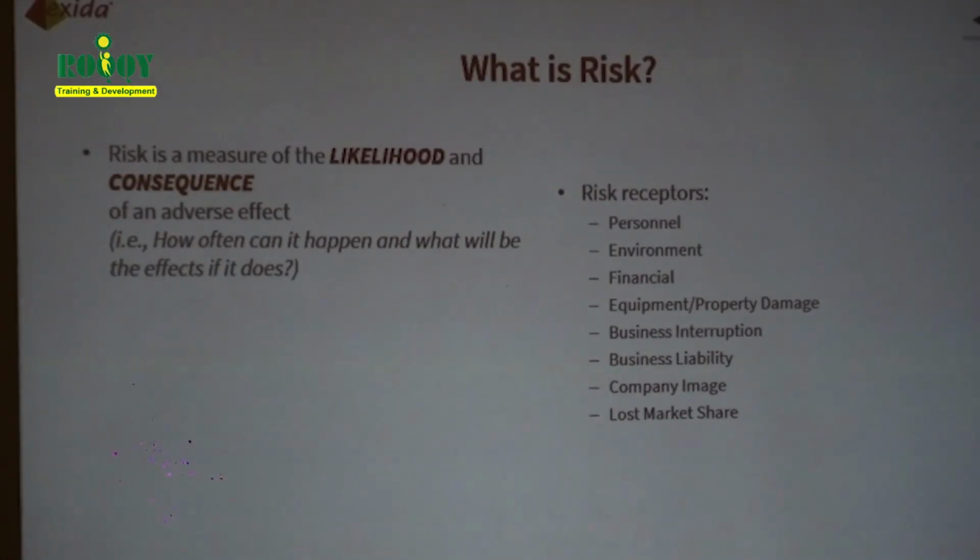The people affected by those consequences are the risk receptors, not just the people, the objects, if you want to call it that. It's the people, it's the business, it's the environment, it's your corporate image, it's your liability, it's the market share. All of that is at risk.